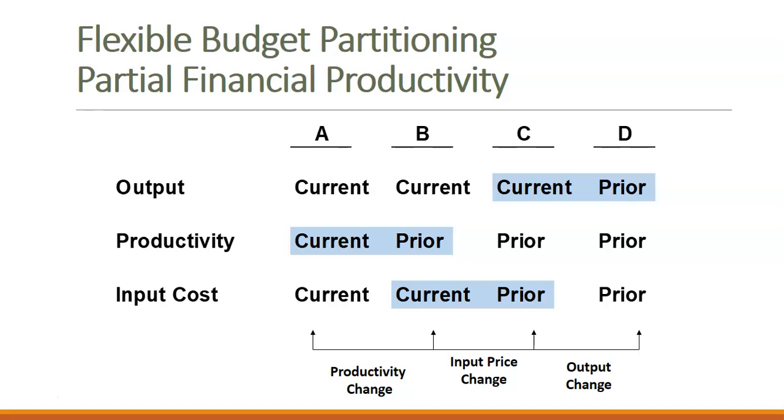So we're looking at output, productivity, and input cost at the different levels. For points C and D, C is the cost to manufacture the 2019 output at the 2018 productivity level and 2018 input cost. So the difference between B and C is the unit cost of the input resource in each of the two years. And point D is the prior period's manufacture.